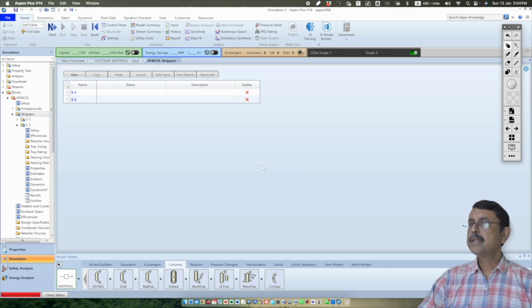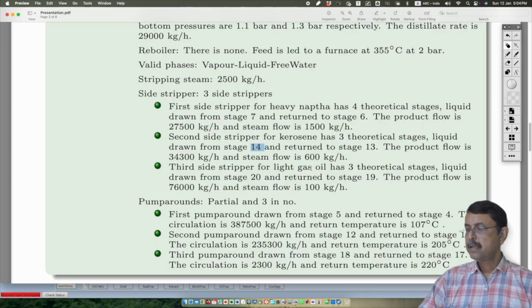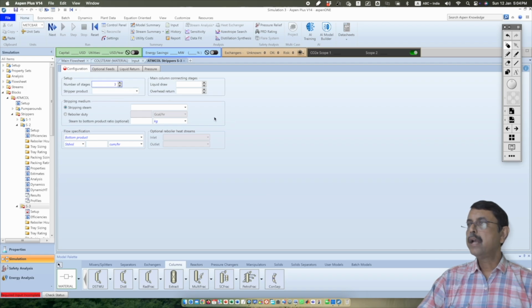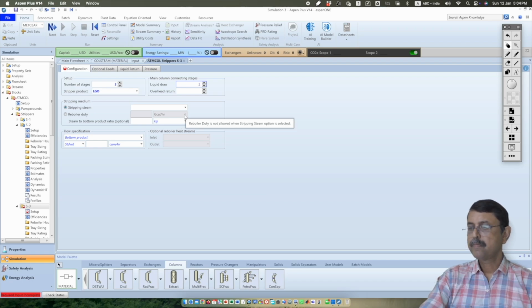Now we come to the third stripper. The number of stages is 3, and the stripper product is light gas oil. Liquid is drawn from stage 20 and returned at 19.